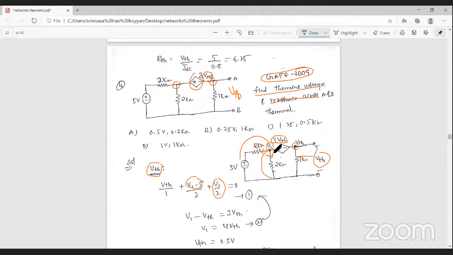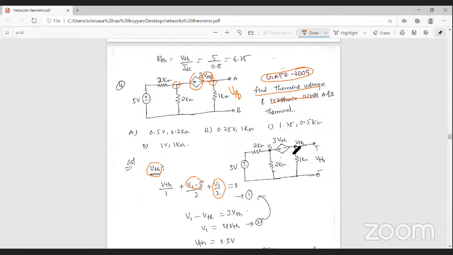We do not write the current equation in this path. Why? Because the super node path does not get a current equation. Again, the current shifts into another node, the super node, where you can write the leaving currents. Let's assume the leaving currents here.